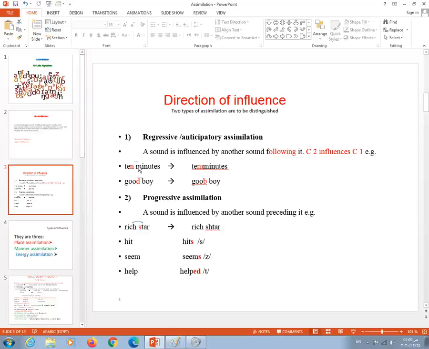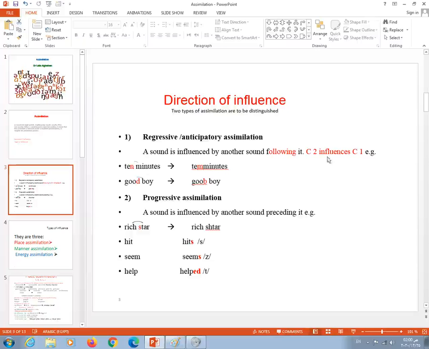Here we find that which one affects the other. Look at the result after assimilation, tem minutes. So m, which is a second consonant, influences consonant number 1, which is n. So what kind of assimilation is this? It's regressive. It's backward because 2 affects 1.